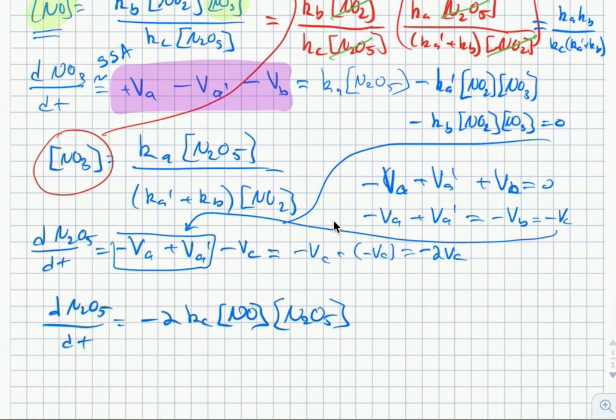So let's put that in here. That's going to equal negative 2 Kc, and that'll be Ka, Kb divided by Kc times the sum of Ka prime plus Kb, times, we have to not forget the N2O5. And if I highlight this portion, that is coming from NO as the intermediate.